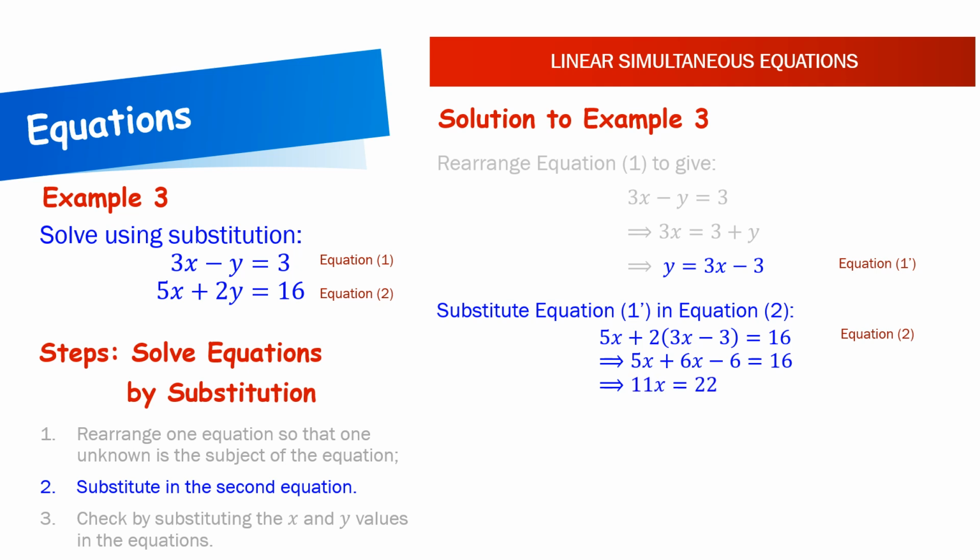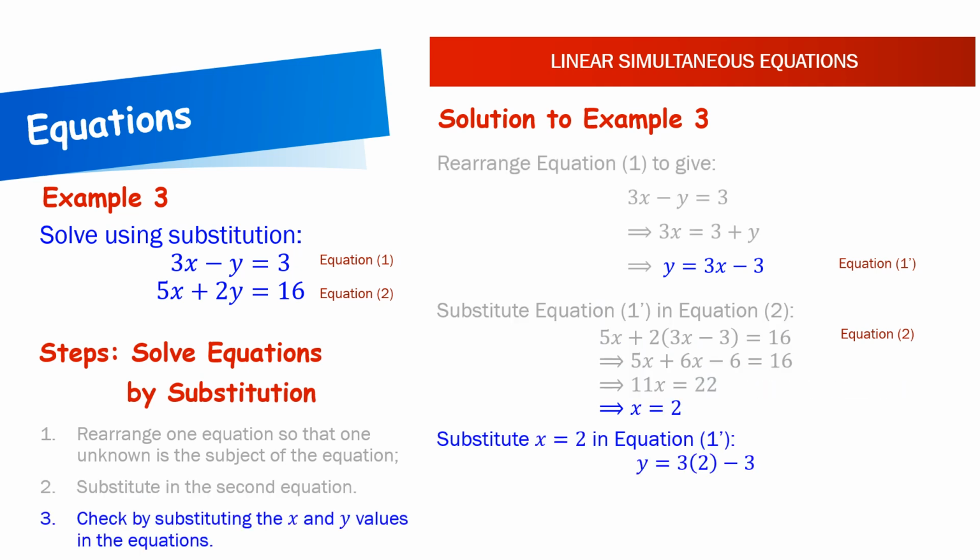Then rearranging and tidying up gives us 11x equals 16 plus 6, which is 22. Dividing through by 11 gives us x equals 2. Now we substitute x equals 2 in equation 1'.